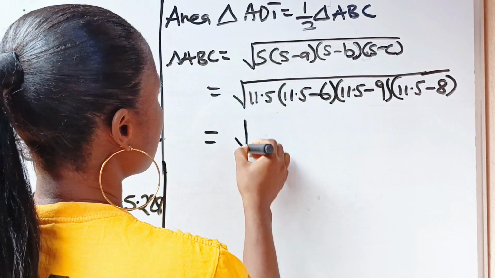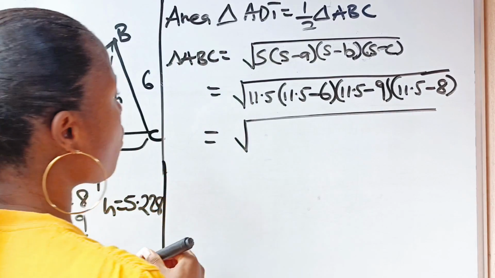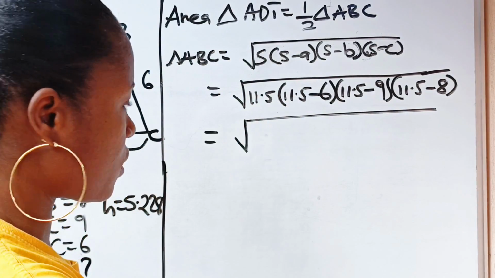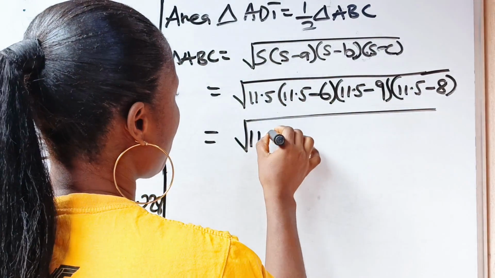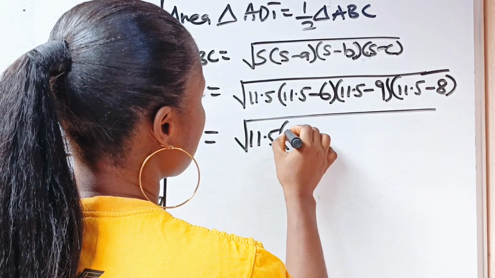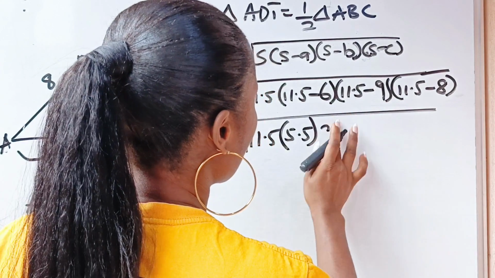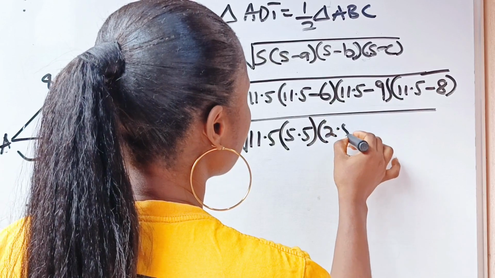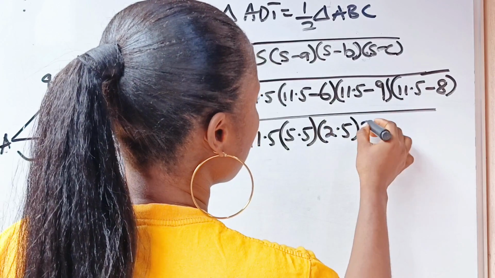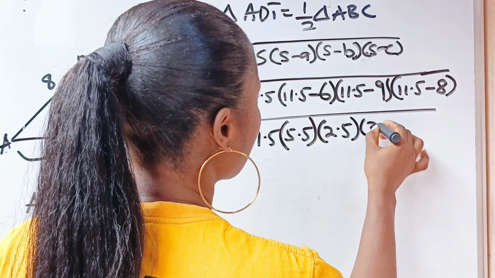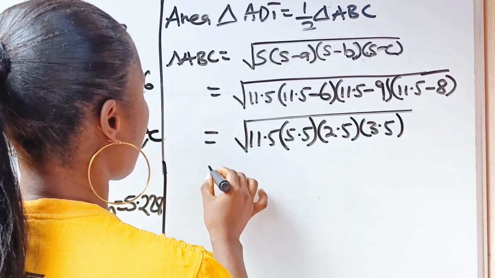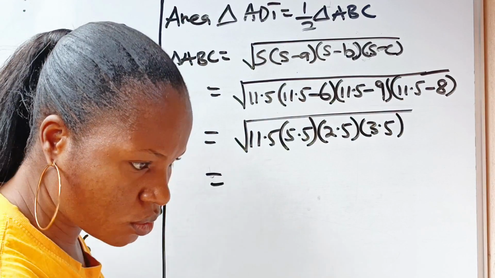So this is equal to the square root of, now if we solve this, we have 11.5 bracket, this is 5.5, this is 2.5, and this is 3.5.